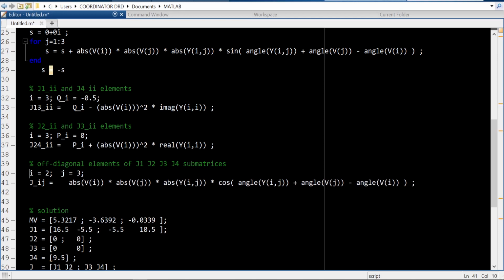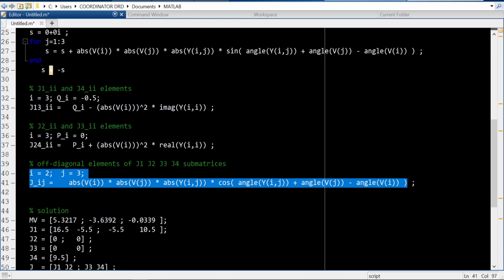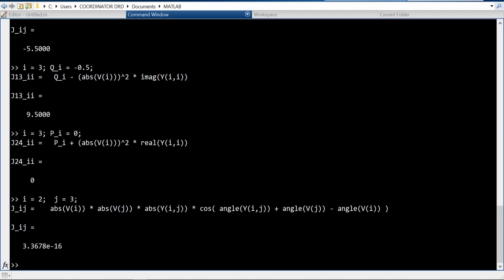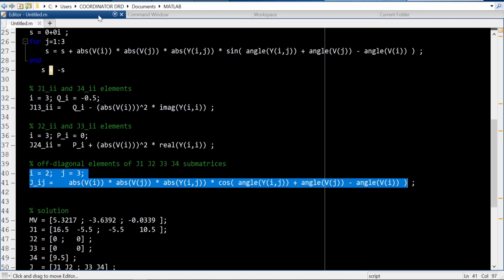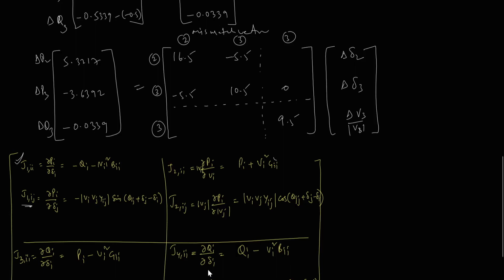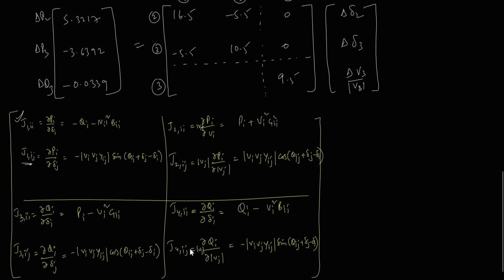If I execute this one, this is 10 to the power of minus 16, so it is also 0. So this entry is also 0. Likewise, if you do the same calculations, you get this as 0 and this as 0.